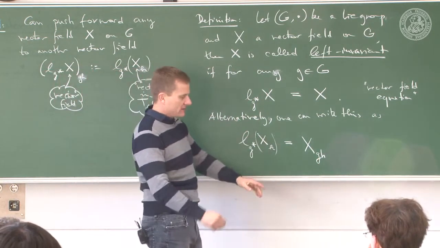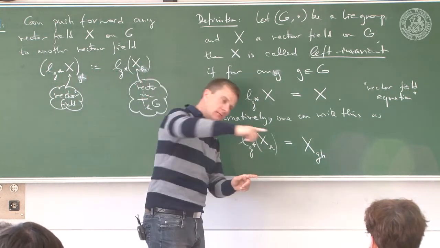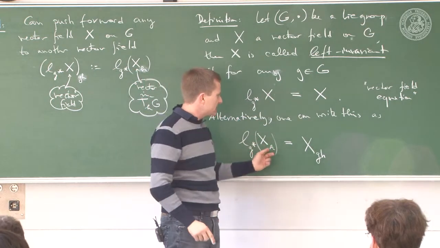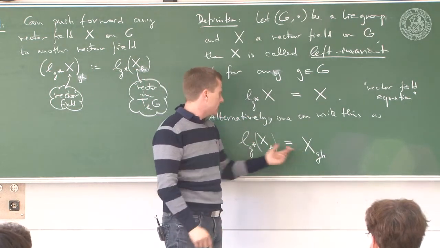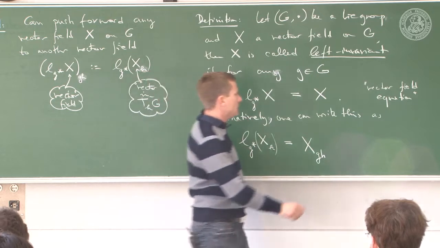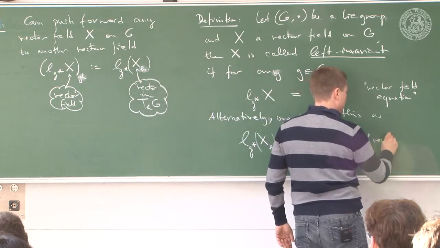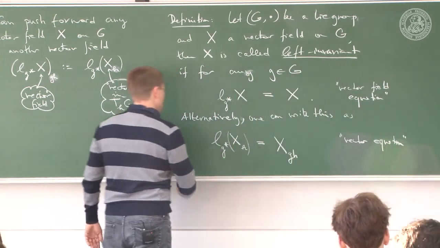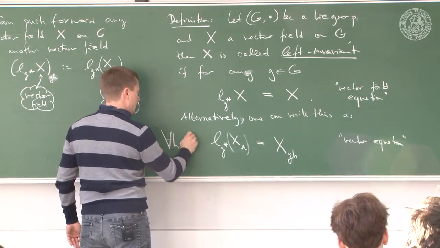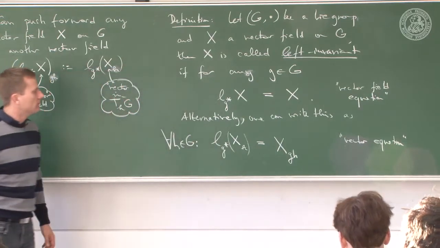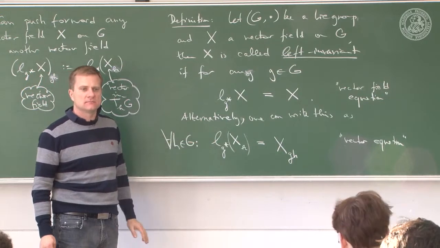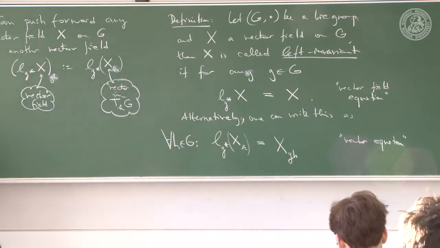Pushing forward the vector from h to this point gh, the result should coincide with the vector field that's already given there. Well, that's the same as here, but now it's a vector equation. Now, how can that be? Well, because now you've got to say for every h in G, this is true. It's just the same as here, but written pointwise. Okay? So that's one reformulation.